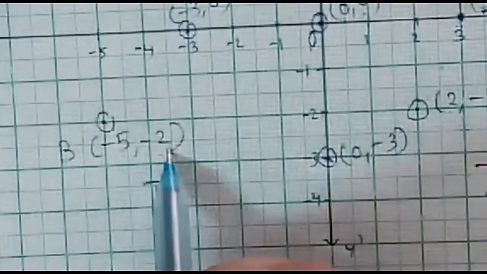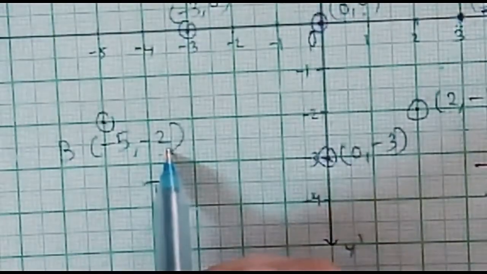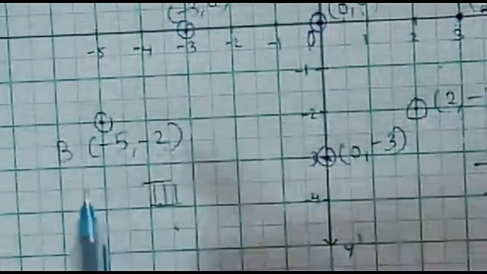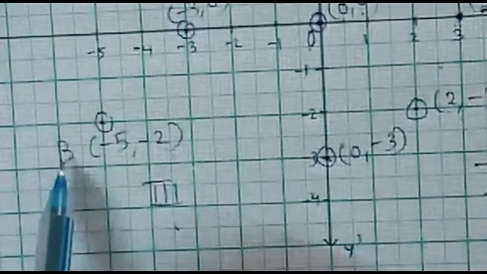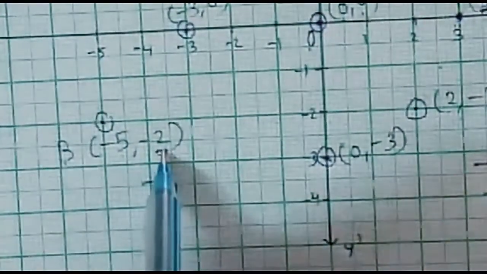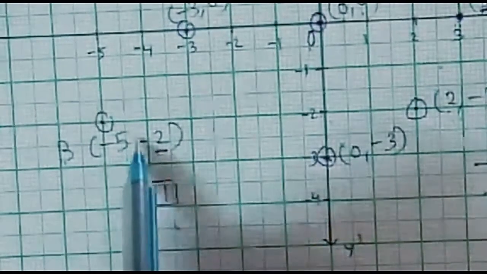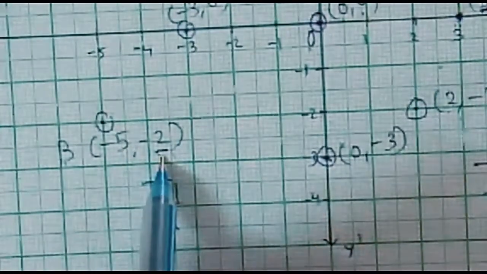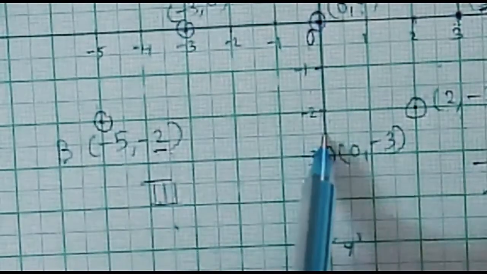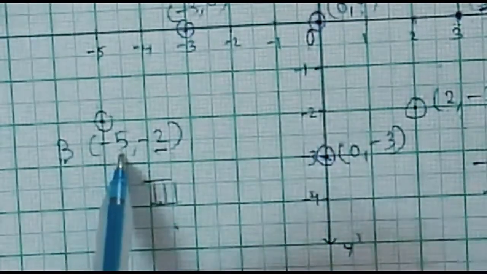As both the numbers are negative, but distance is never considered to be negative. So orally now, without drawing any line, I can tell you the distance of point B from x-axis is 2, just 2 units. I will not say -2. Distance is never negative. Same way, the distance of point B from y-axis will be equal to 5 units.